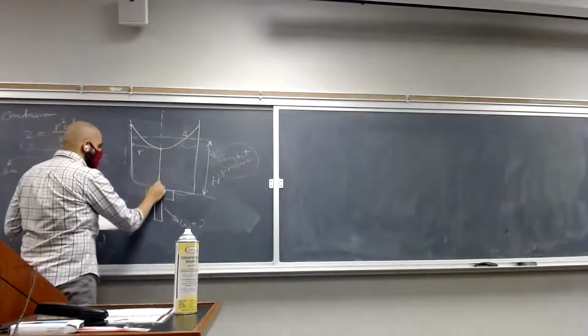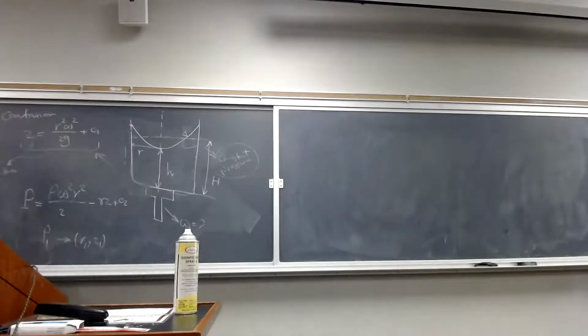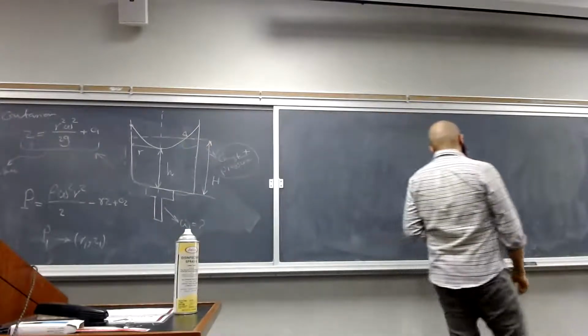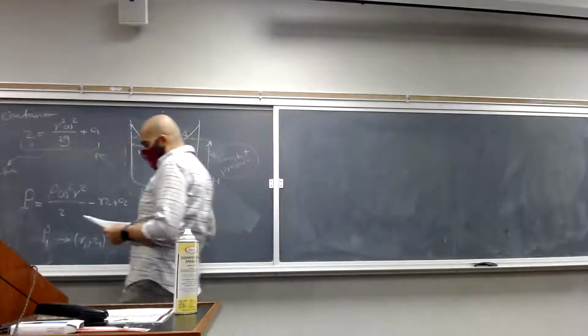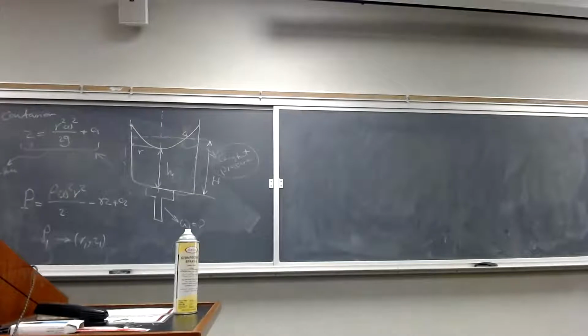If you have a device that can measure this height, then we will be able to determine the angular velocity. But the first thing we need is the equation that relates the angular velocity to h, to that height, or any of the heights. But how are these two heights related to each other?